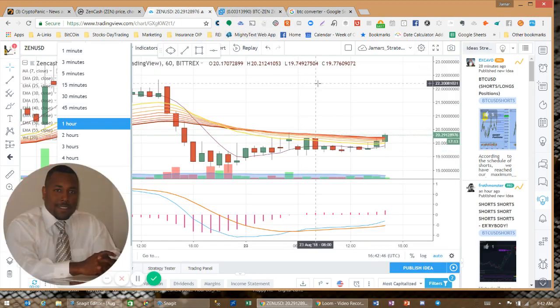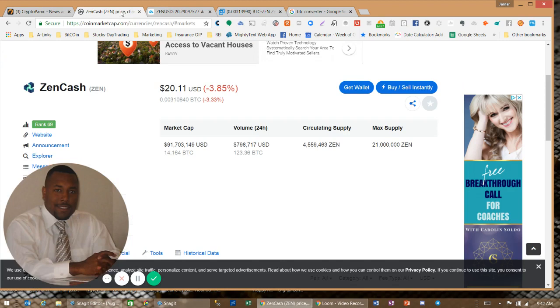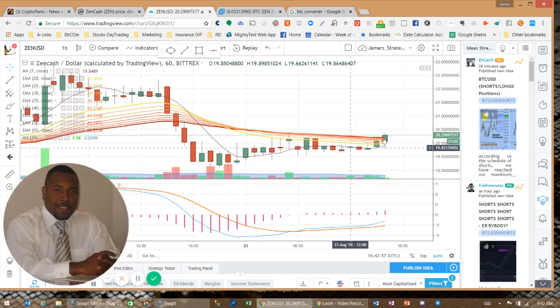So that's how you place a trade. We'll definitely go over more of this in the modules, but I wanted to show you how I placed the trade on Zen, why I bought, and the movement it has. And I'll be checking on this a little bit later, and we'll see that this is starting to trend up.